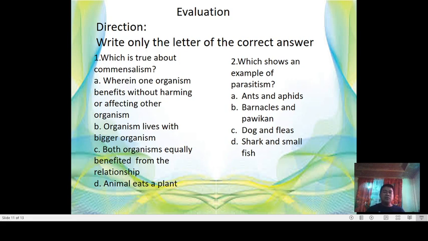Number 2, which shows an example of parasitism? A, ants and aphids. B, barnacles and pawikan. C, dog and fleas. D, shark and small fish.